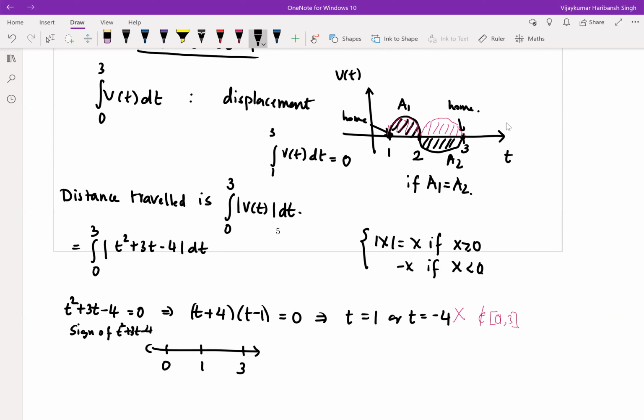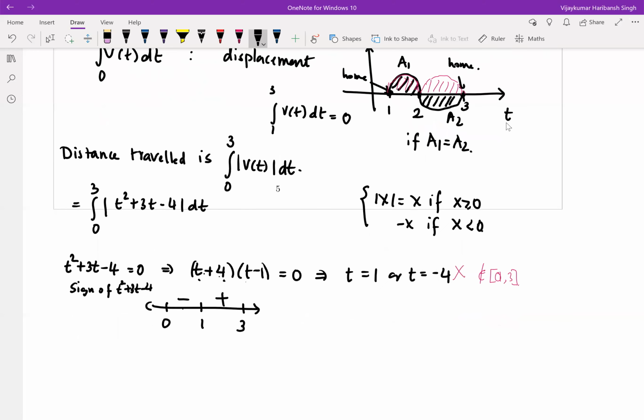Say, let's take 0.5 here. So if you take 0.5 and substitute, you'll have t plus 4, which is 4.5, times t minus 1, which is 0.5 minus 1, negative. So positive times negative is negative here. Similarly, let's take 2. Here it's positive, here it's positive, so here it's going to be positive.